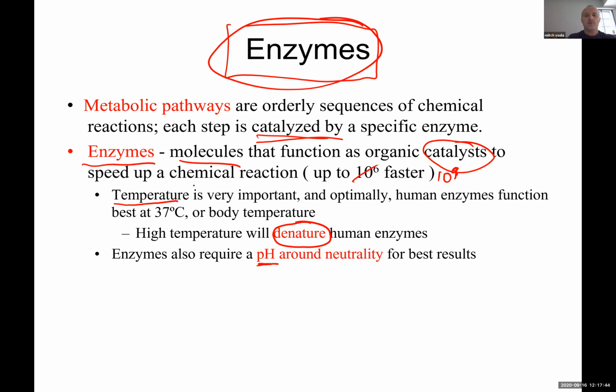Now, for human beings at least, enzymes require a temperature around 37 degrees Celsius. That's why our body temperature is maintained constant at 37 degrees Celsius. That's how doctors know when we have some type of infection in the body, because our body temperature rises. When you have a bacterial or a viral infection, your body tries to fight the infection. How? It raises the temperature.